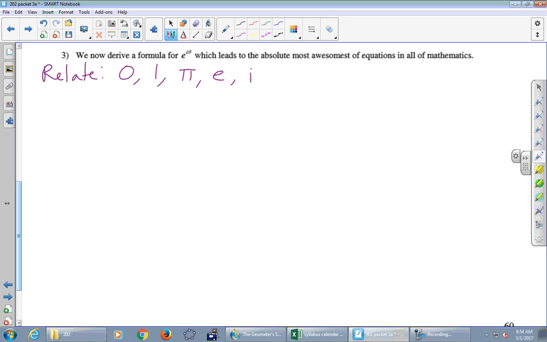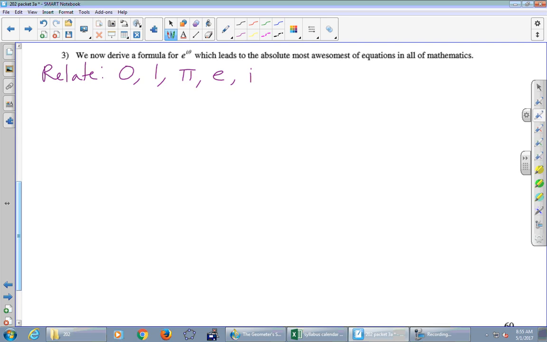One equation is going to relate those 5 numbers. 0 is the magic thing where if you add it to anything, it doesn't change the thing, right? 7 plus 0 is 7. 0 is the only number with that property. 1 is the magic thing where you can multiply and it doesn't change, right? 7 times 1 is 7. 1 is the only number with that property. Pi is related to circles and about a billion other things. E is related to compound interest and about a billion other things. And i is the number that generates the expansion of the real numbers into the set of complex numbers, right? 5 fundamental numbers related by one elegant equation.